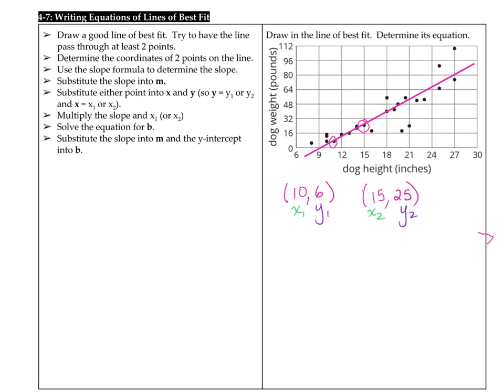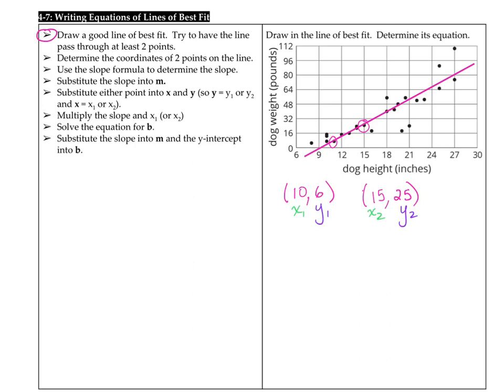Now you're going to get some nasty fractions. So what you want to either do is to use the fraction button on your calculator, or use your own knowledge of fractions. All right, so first thing is to draw the line of best fit.